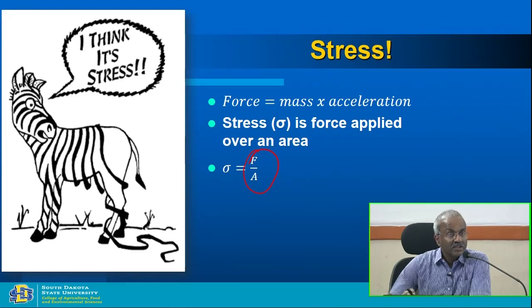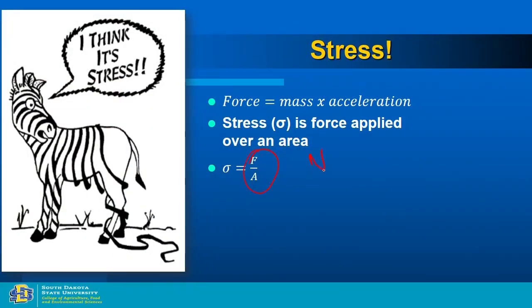One more thing is, it is not just your calculations, it's also important that you monitor the correct unit. Force is in Newtons, area is in meter squared, so you get Pascals.